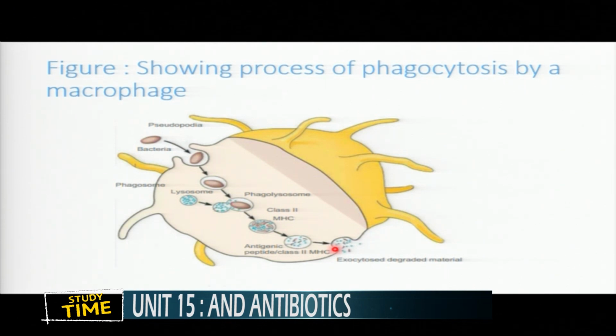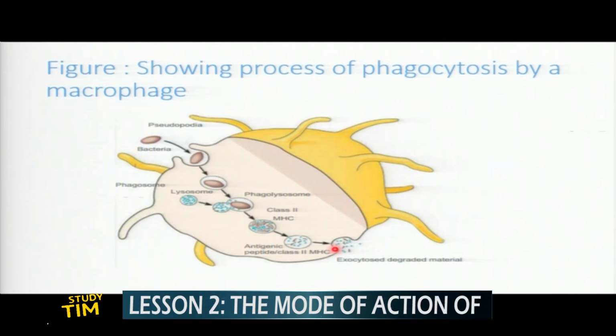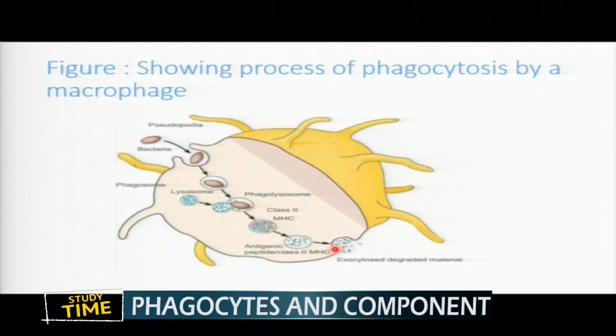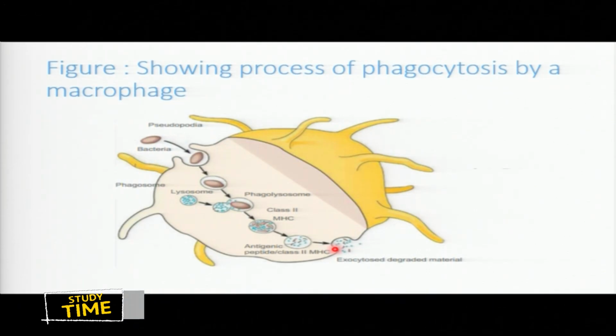This is how phagocytes work. First of all, they do engulf bacteria. Suppose this is the membrane of the white blood cell. When bacteria is coming, it is going to be accumulated here.